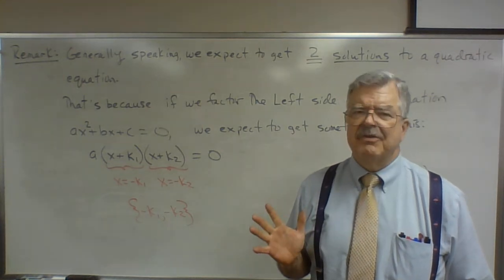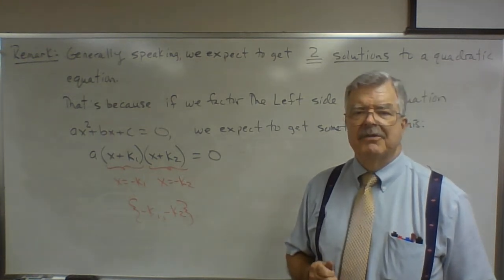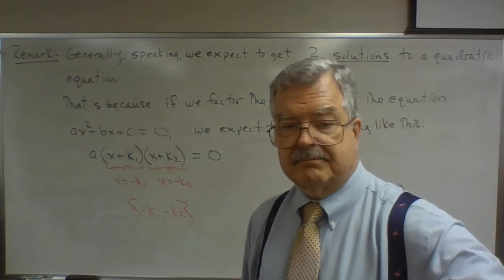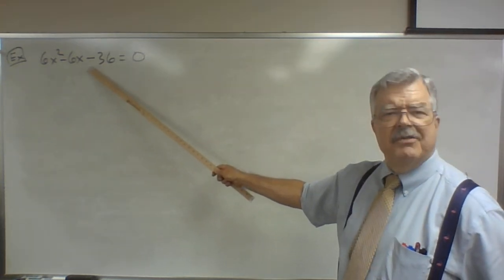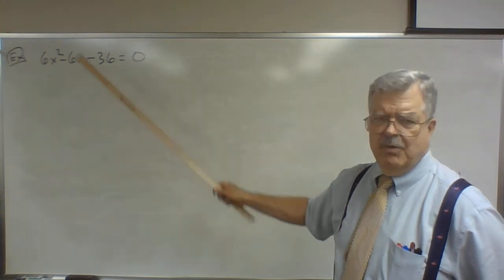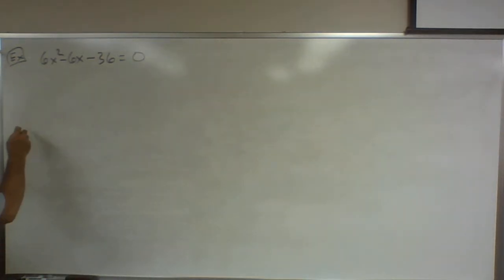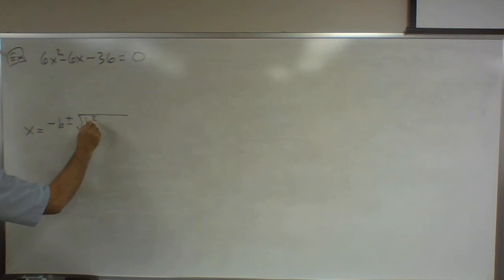And let's illustrate this with a simple application of the quadratic formula in solving a quadratic equation. Case in point, let's solve this using the quadratic formula. The quadratic formula says x equals negative b plus or minus the square root of b squared minus 4ac, everything over 2a.